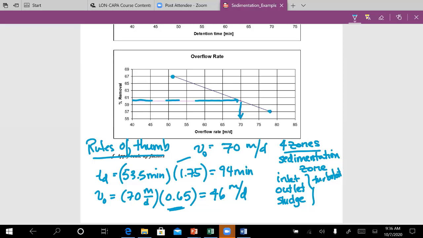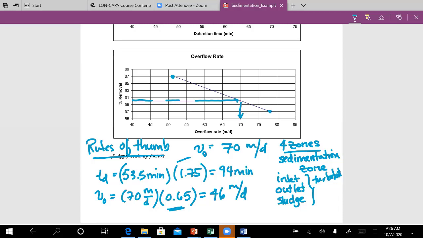If, for instance, in a secondary clarifier, actually in a primary clarifier too, in wastewater treatment, your detention time is too long, then you've got the sludge that sits on the bottom, but that sludge is organic.